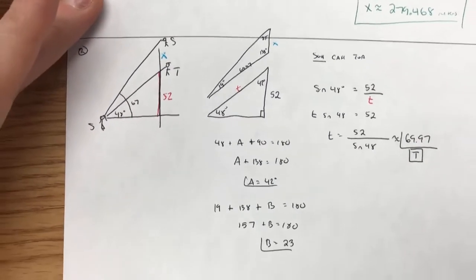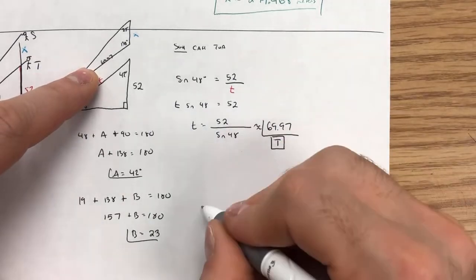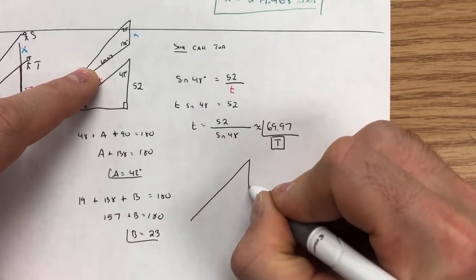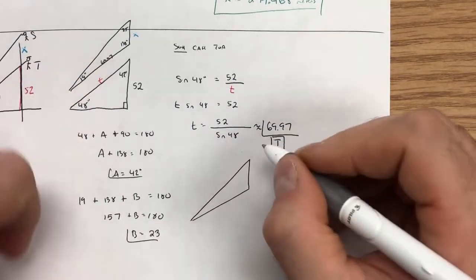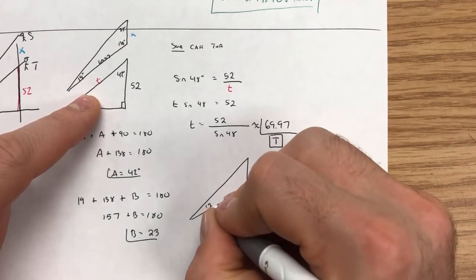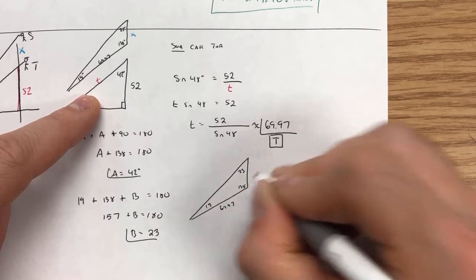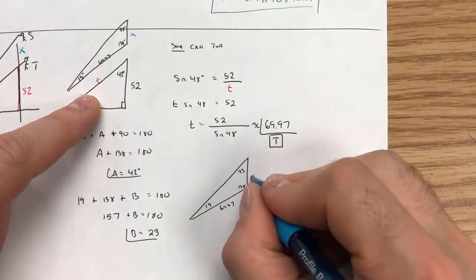So let's zoom out just a tad. And I'm going to redraw this right here. Okay. So I'm at 69.97. I have 19. I have 23. I have 138. And I want to find x.